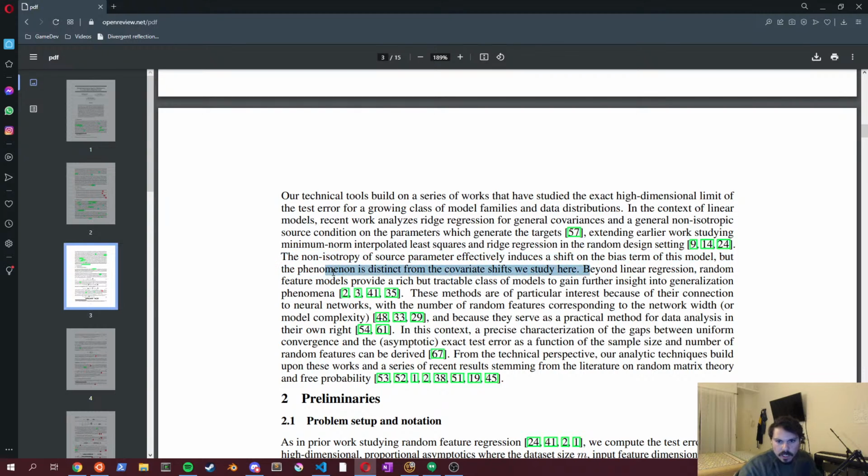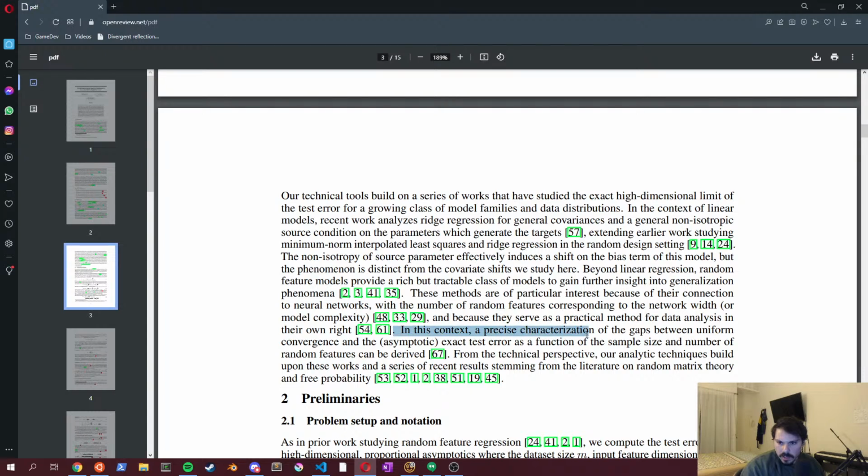Beyond linear regression, random feature models provide a rich but tractable class of models to gain further insights into the generalization phenomenon. These methods are of particular interest because of their connection to neural networks, with a number of random features corresponding to the network width, or model complexity, and because they serve as a practical method for data analysis in their own right.